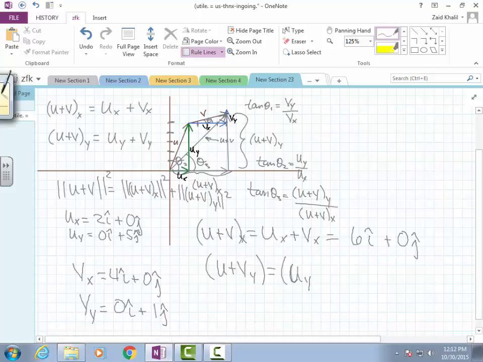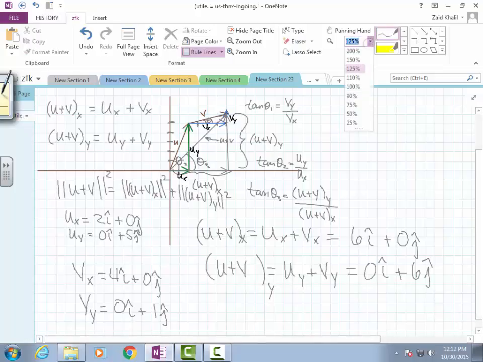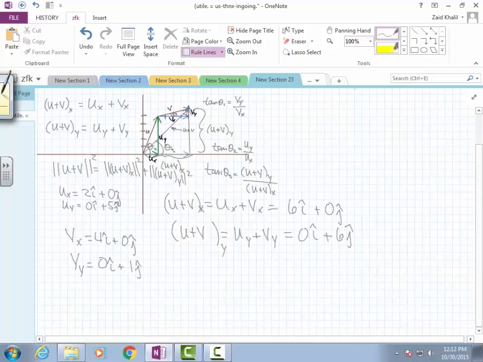That's Uy plus Vy, so it's 0 i hat plus 6j hat. And so then, let's look at the tangent of each of these angles. Let's actually zoom in even further.